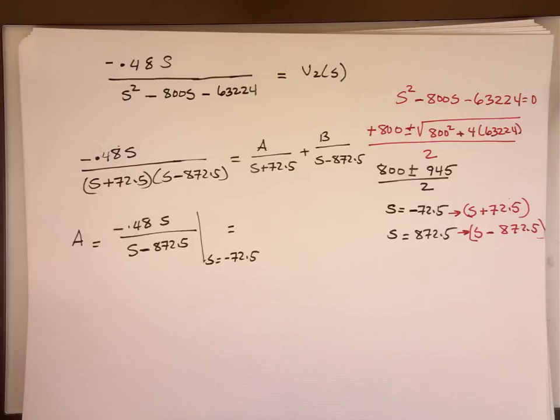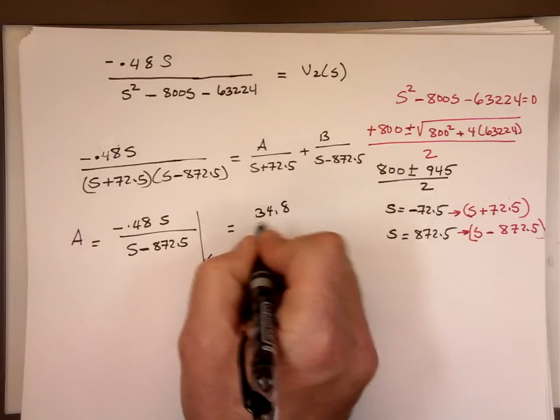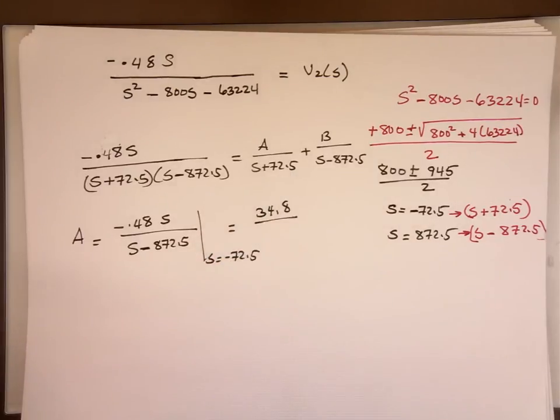Negative 0.48 times negative 72.5, 34.8 on the top. On the bottom, negative 72.5 minus 872.5. Negative 945, yeah, they're both negative.